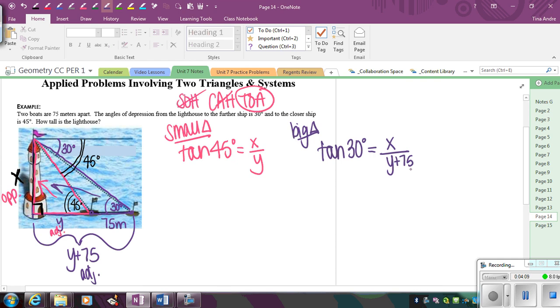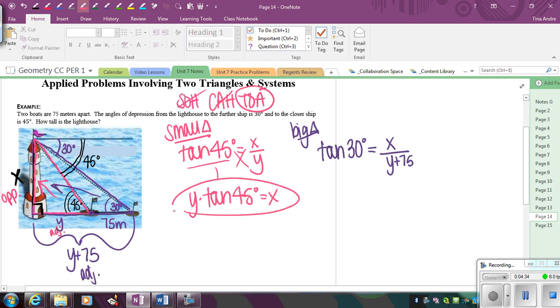So what I'm going to do is take these two equations and get it so that I can plug one variable into the other. If I take this first equation, this one's a little bit easier to work with because I don't have that y plus 75 on the bottom. If I put it over 1 and cross multiply, we get y times tan of 45 degrees equals x. So in this second equation, I can replace this x.